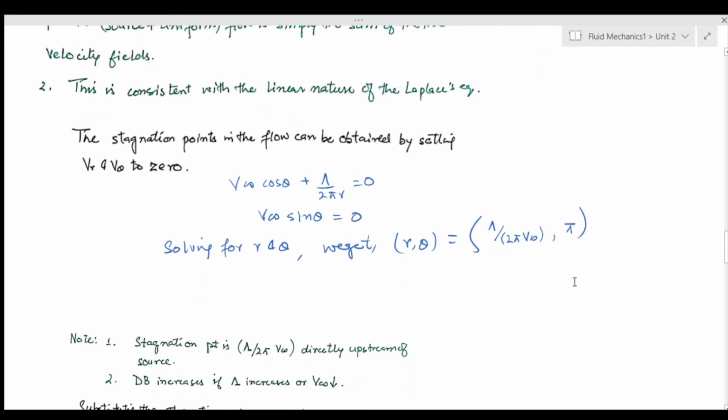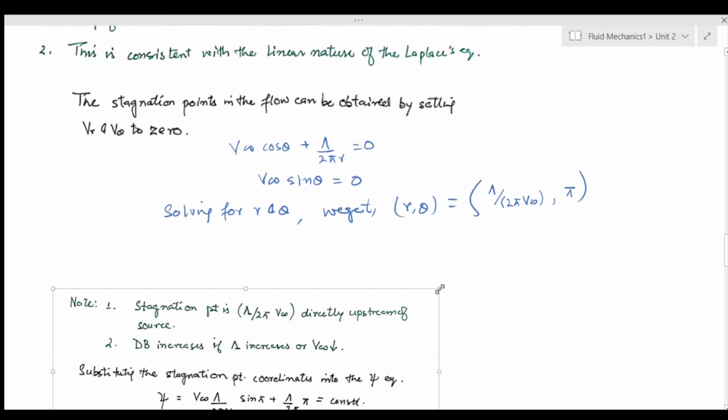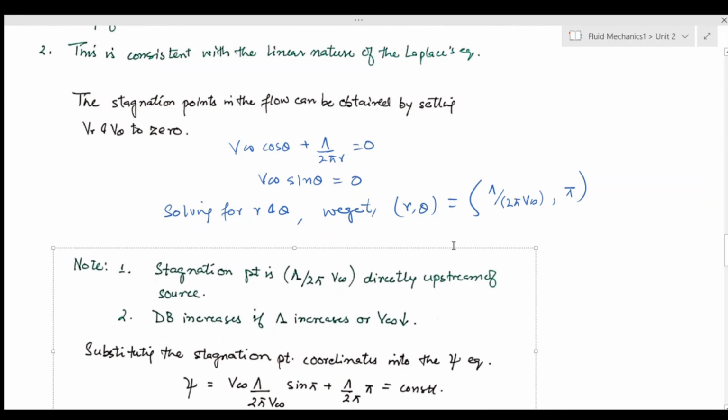It means that the coordinates for my stagnation point would be capital lambda divided by 2 pi V infinity comma pi, and that is just one stagnation point.